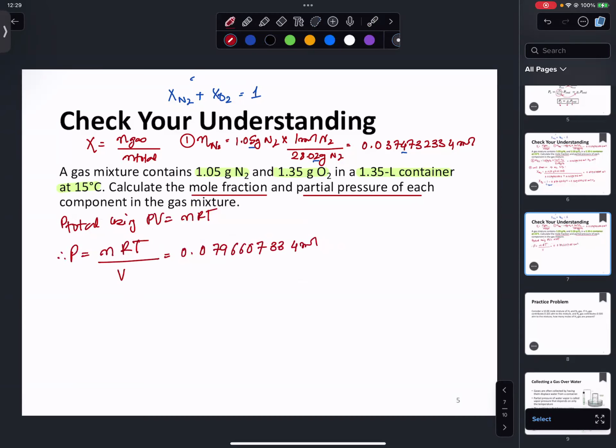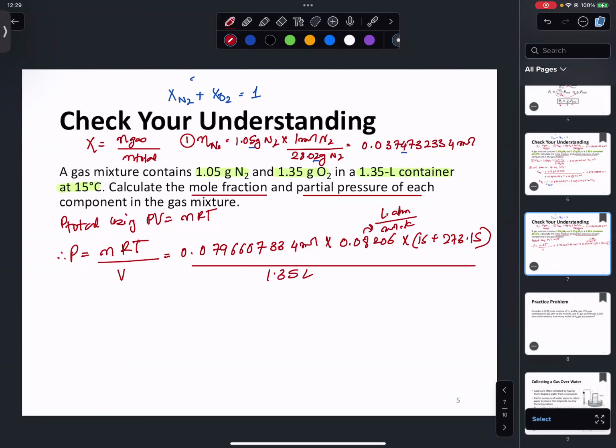Okay, let me make room for myself here. I multiply it by the ideal gas constant times the temperature, which is 15 plus 273.15, because this is in liter atmosphere per mole Kelvin. Divided by the volume in liters, which is 1.35 liters.